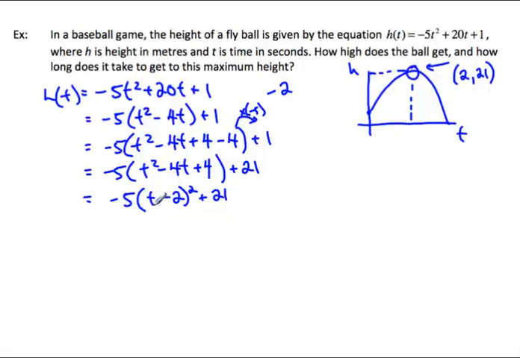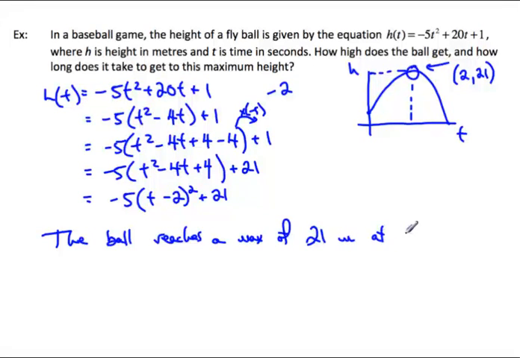Remember, we've moved the parabola right by 2 and up by 21, turned it upside down, and stretched it by a factor of 5 vertically. So the ball reaches a maximum height of 21 meters at t equals 2 seconds, which we found by completing the square.